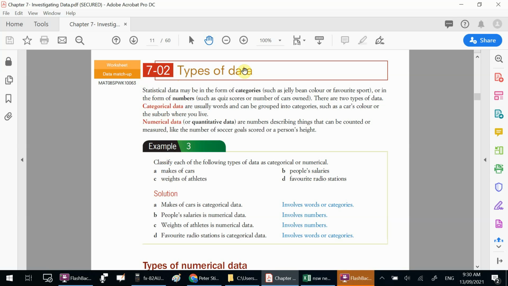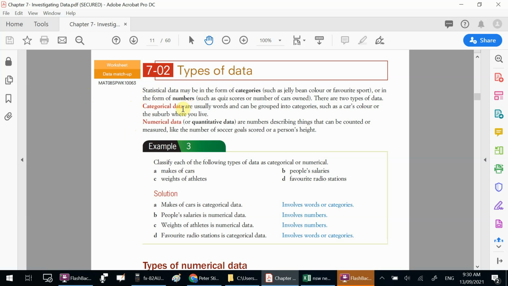And so this one deals with types of data. Now, Australia's just had a census across the whole country, and so it was like a big survey of everybody getting information from us about all sorts of things, and the information that they get is in the form of data.